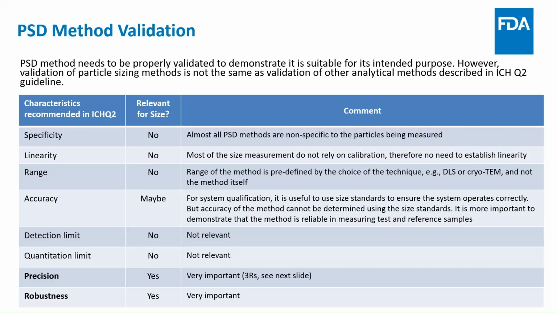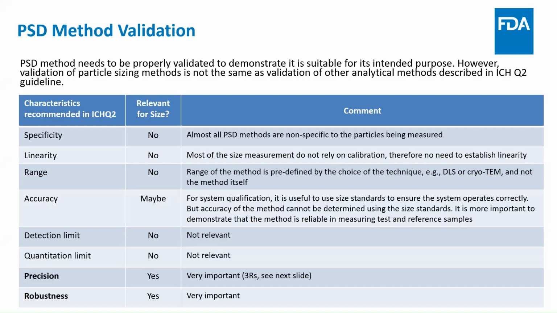You all know ICH Q2(R1) and also USP <1220>, I think <1225>. There's a general guideline about what to perform as part of a method validation as applied to any analytical procedure. And typically, as you can see along these different rows, we have specificity, linearity, range, accuracy, LOD, LOQ, precision, robustness, right?